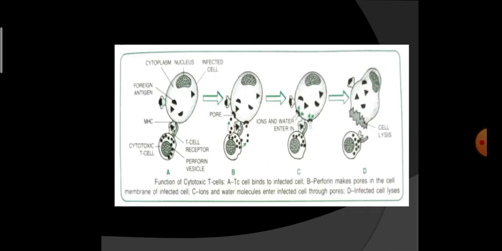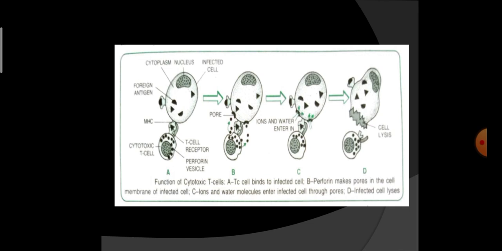Now see here, this is the cytotoxic T cell or killer T cell. It has attached to the foreign antigen, with the MHC, major histocompatibility complex. These cytotoxic T cells produce perforins. Perforins are substances which produce pores in the cell membrane.